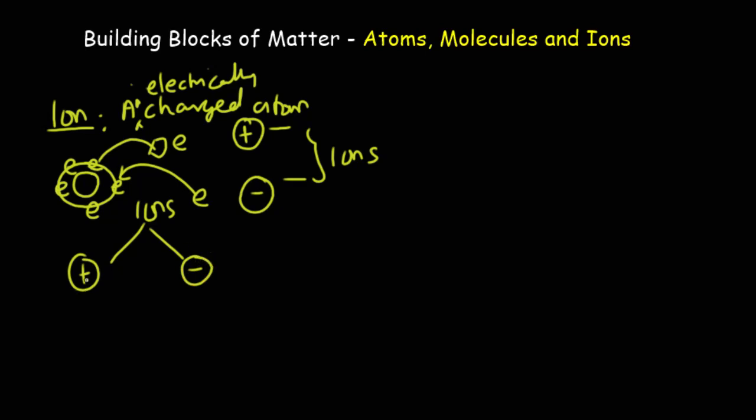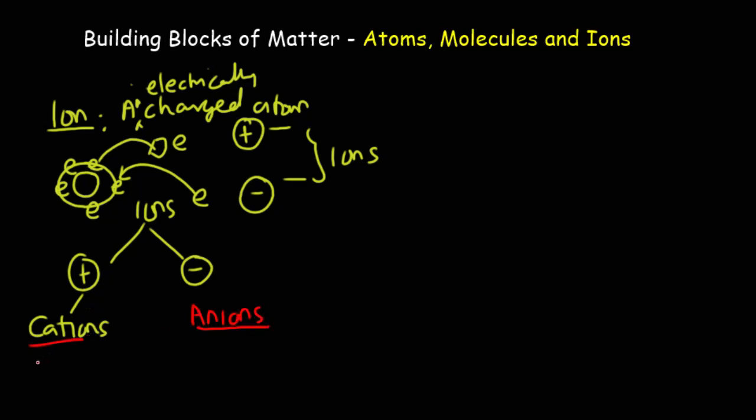Now, positively charged ions or atoms are called cations. And those that are negatively charged are called anions. So there are two types of ions: cations and anions.